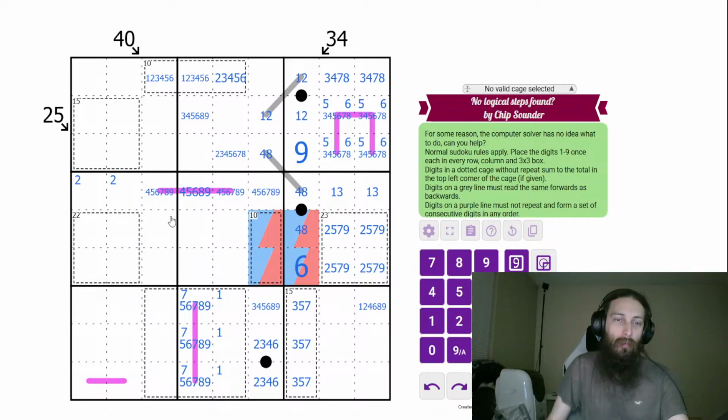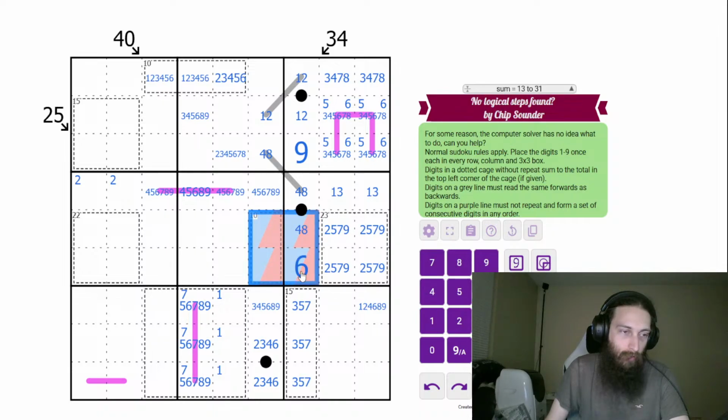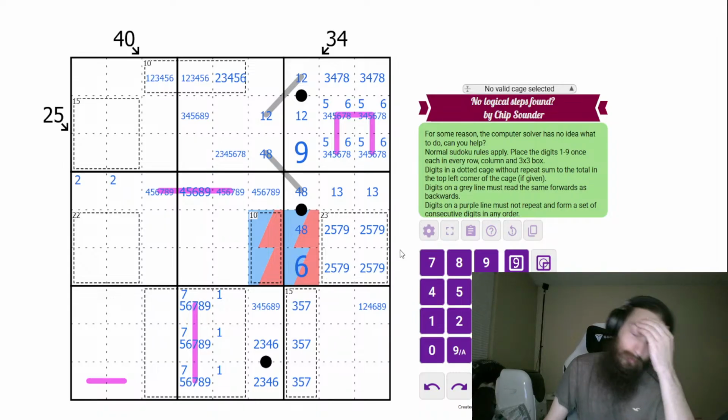I mean, I get that you're talking about the 10 cage. I'm just trying to, like, are you saying that this 10 has to equal that 10? It seems to.